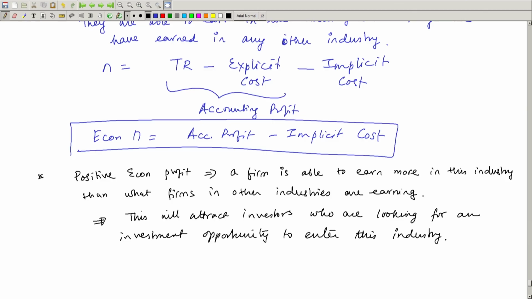So, essentially what I am trying to argue here is that the moment a firm is making positive economic profit, it is getting more in this industry compared to what its competitors in other industries are earning. So, you are doing better in this industry. So, that is going to attract more firms into this industry.